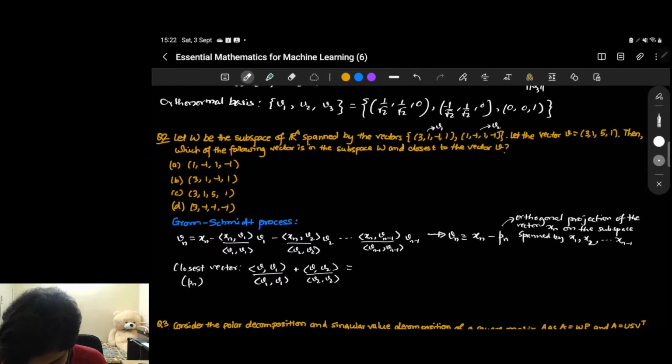Let us put in the values. So that's the first term.